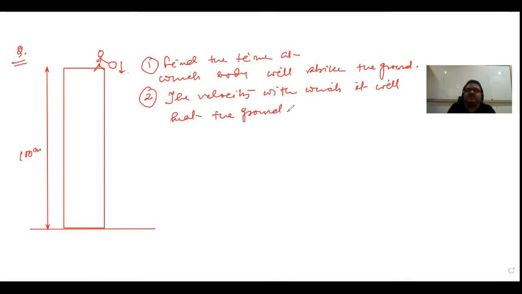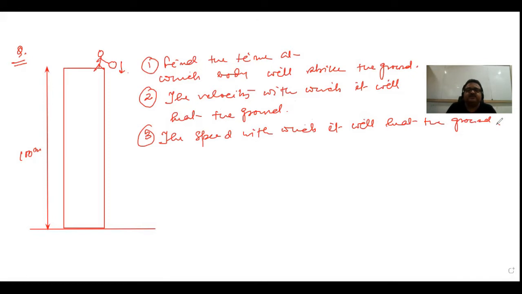And number 3, the speed with which it will hit the ground. Correct? So let's solve it.